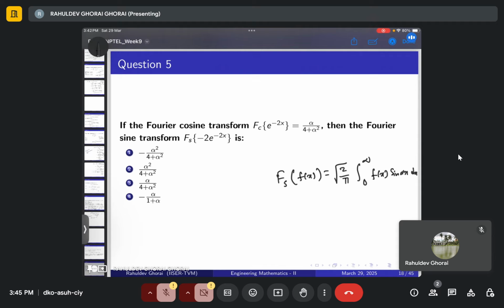And the Fourier transformation is given by 1 over square root of pi, f(t) sin alpha t, or it is cos alpha t, whichever way you want.